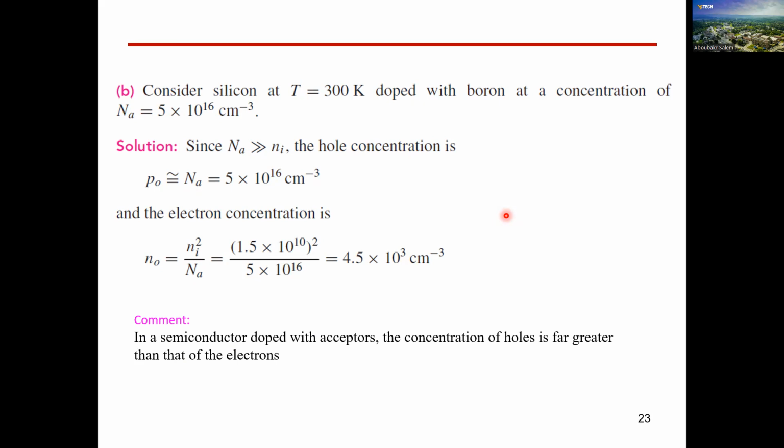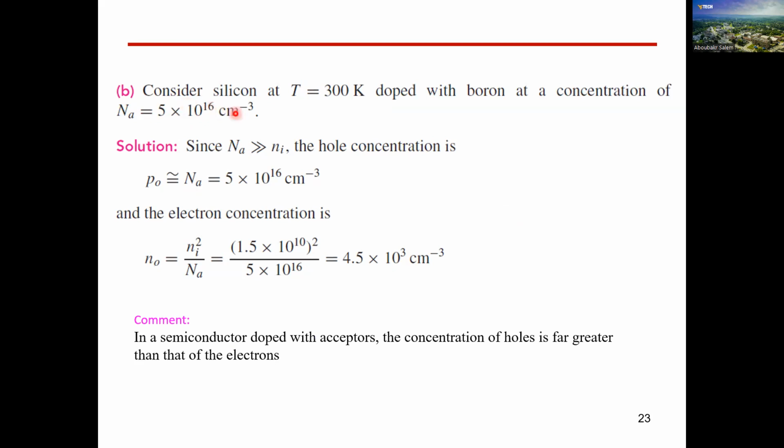Assume here now we have another material, so consider silicon at T equals also 300 Kelvin, doped with boron. So this is now an acceptor. It's not a donor. So this is going to make P-type material here. So he mentioned here, guys, that it is doped with boron at a concentration of N_A equals 5 times 10 to the power 16.